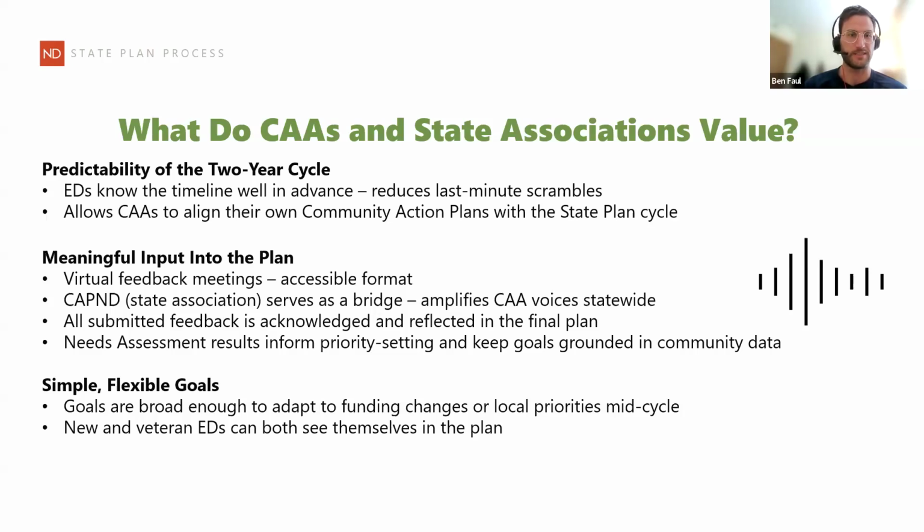This reduces last minute scrambles. We want the action plans and the state plan to merge. We want them to be speaking the same language, and providing ample opportunity for feedback to the state association and to me.